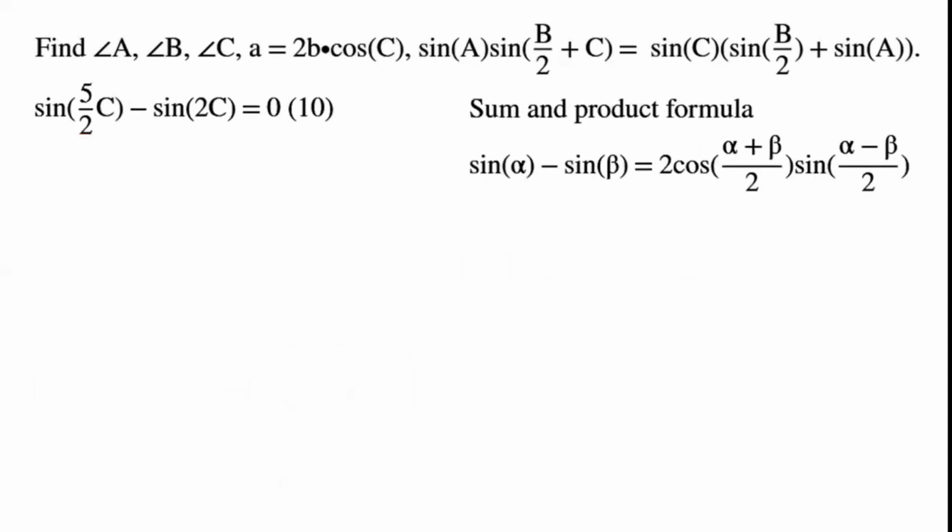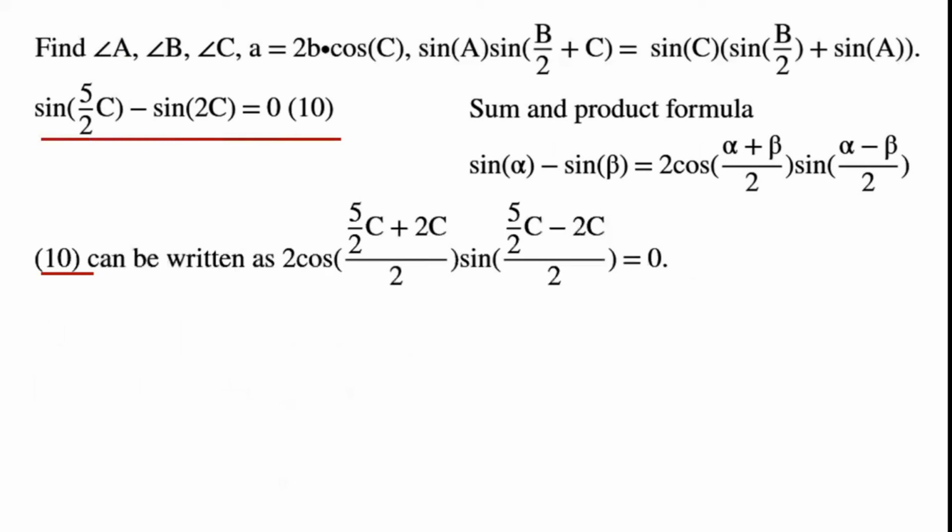Sum and product formula: sin α − sin β = 2 cos((α + β)/2) sin((α − β)/2). 10 can be written as 2 cos((5C/2 + 2C)/2) sin((5C/2 − 2C)/2) = 0.